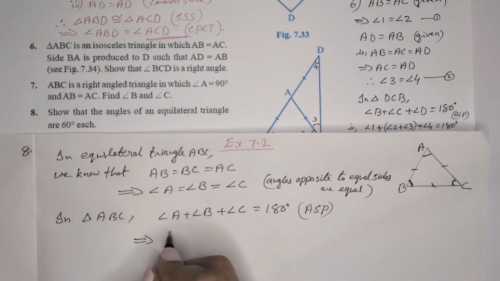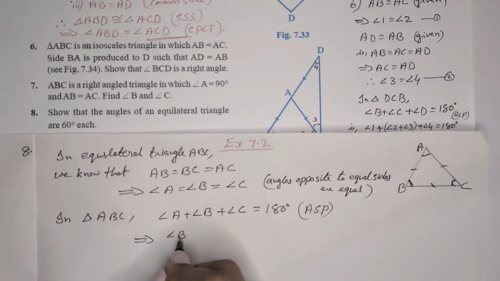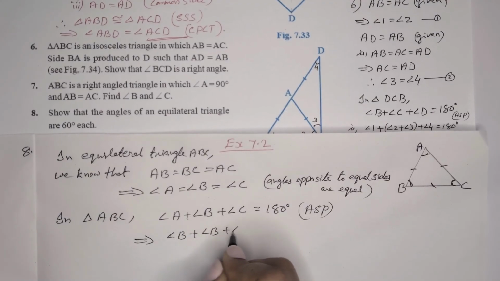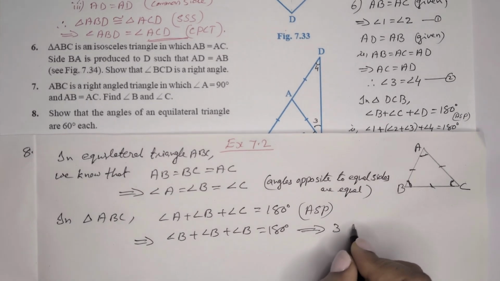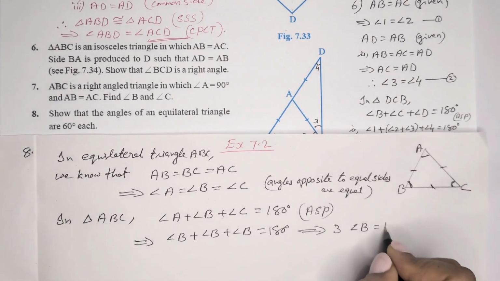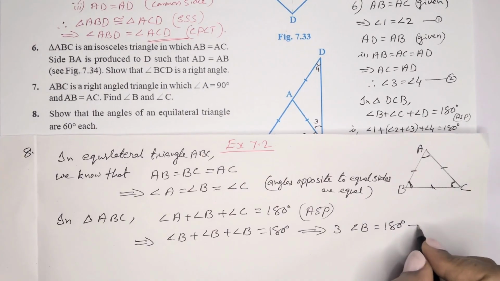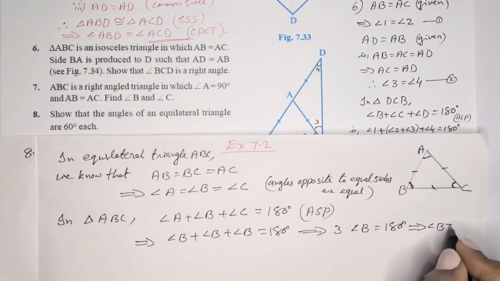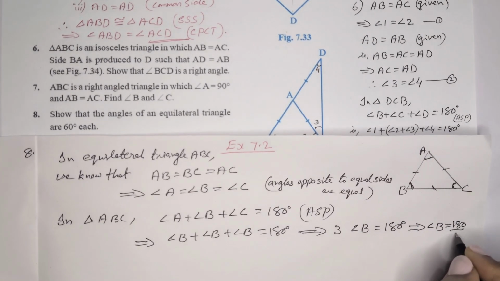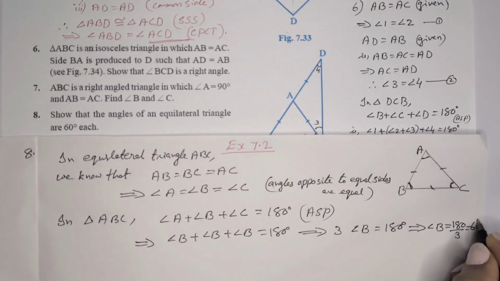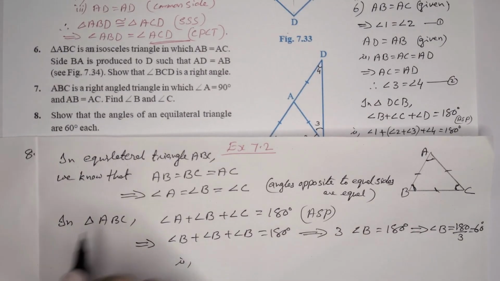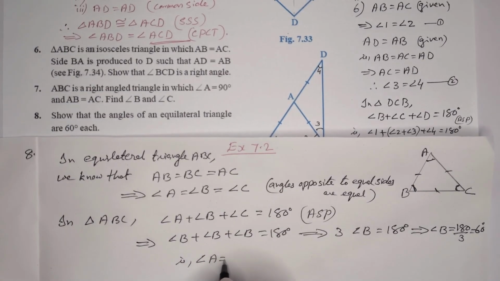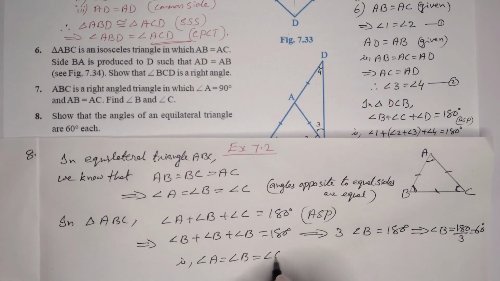So we can take angle B plus angle B plus angle B is equal to 180 degrees, which implies 3 times angle B is equal to 180 degrees, and that means angle B is equal to 180 by 3, which is 60 degrees. All three angles are equal. That means angle A is equal to angle B is equal to angle C is equal to 60 degrees.